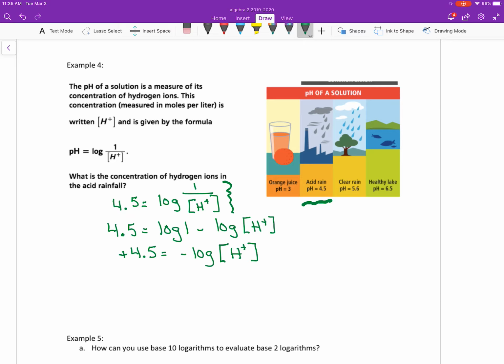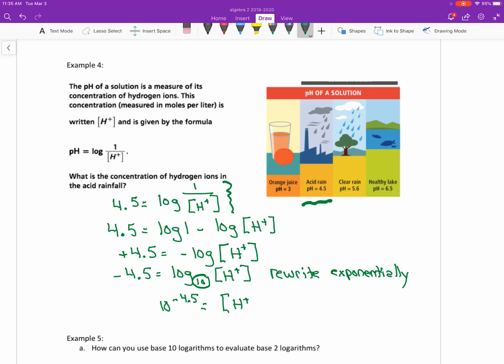Okay, and then we want to get rid of our negative 1, so we'll leave it as negative 4.5 equals log. And remember, this is implied log base 10 because there's nothing written there. And then rewrite exponentially and you get 10 to the negative 4.5 equals H plus.